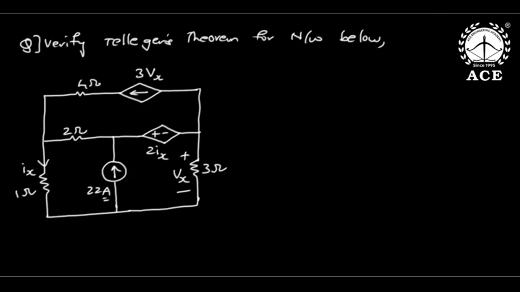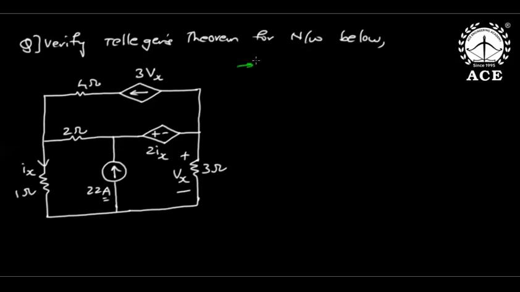So for that, determine all the elemental voltages with correct polarities and all the elemental currents with correct direction. That means a completely big problem. I'm writing a solution here.